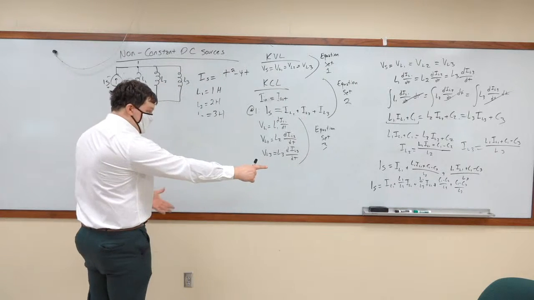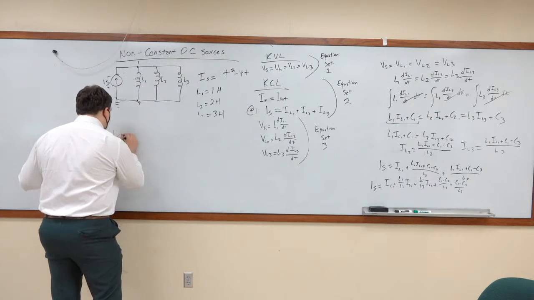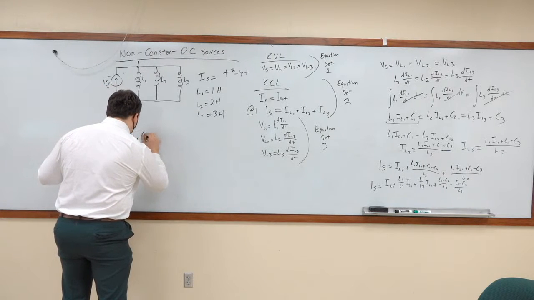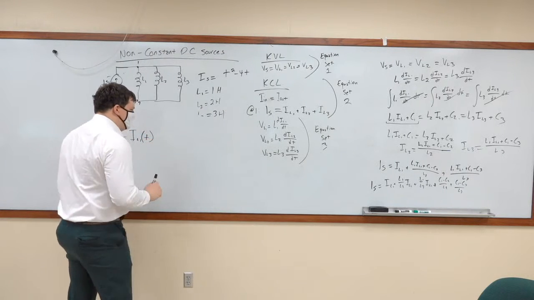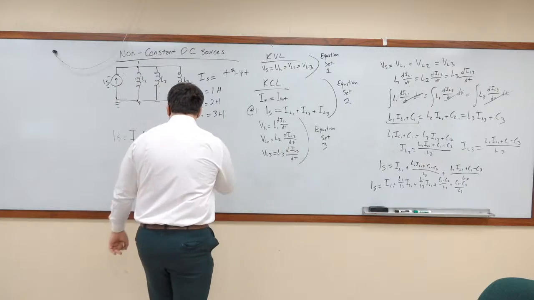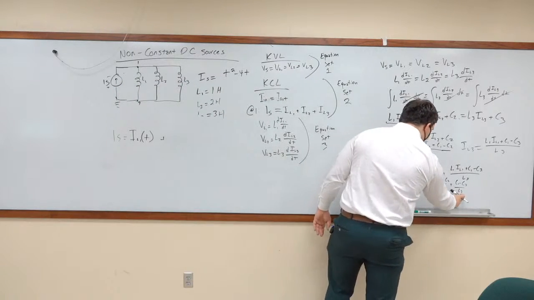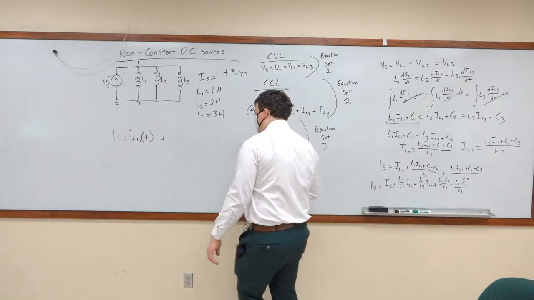So if we just rewrite that, IS is equal to some function of time, IL1, plus, and you know what? I'm going to define C4 as that.